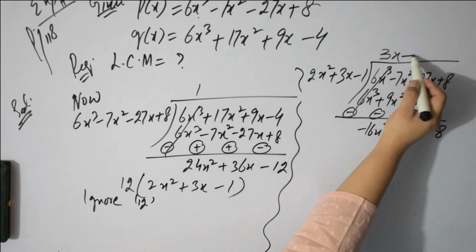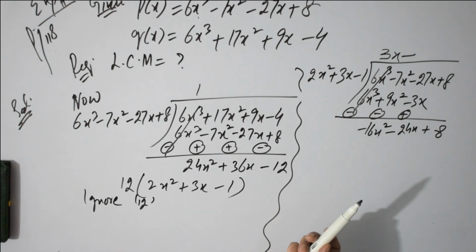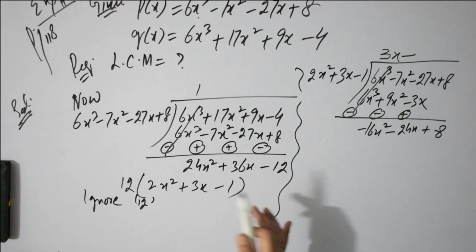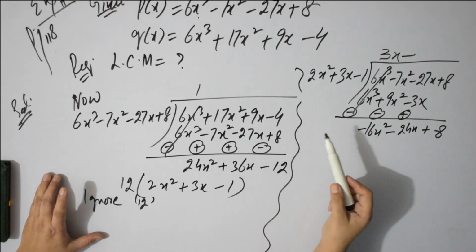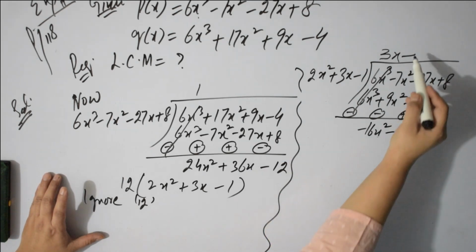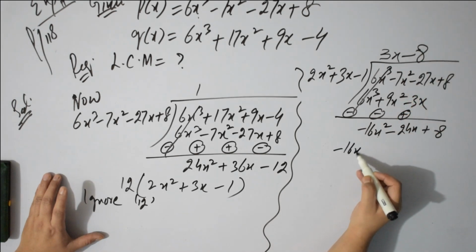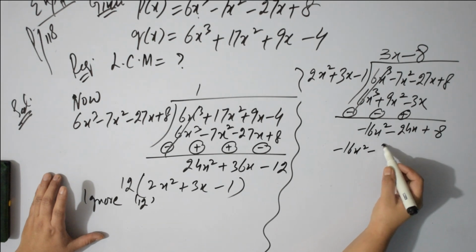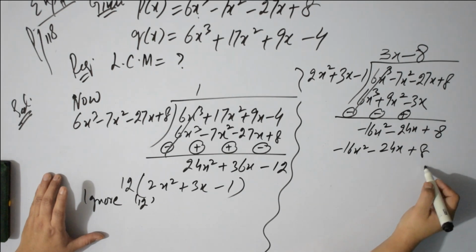Now minus, again see degrees of these two polynomials are same, so no need to take common or making divisor or shifting of divisor and dividend. So as it is, continue, minus 2 8s are 16x square minus minus 24x and minus minus plus 8.